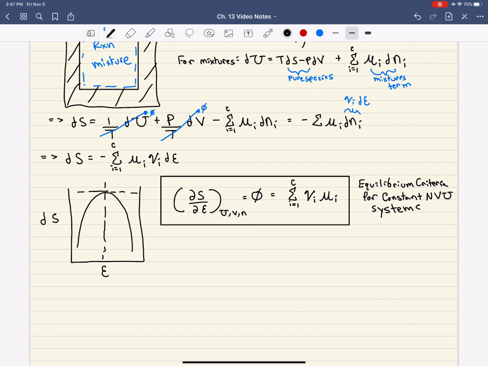Alright. Okay, and so that's the criterion for constant NVU systems for the reactive system to be at equilibrium.